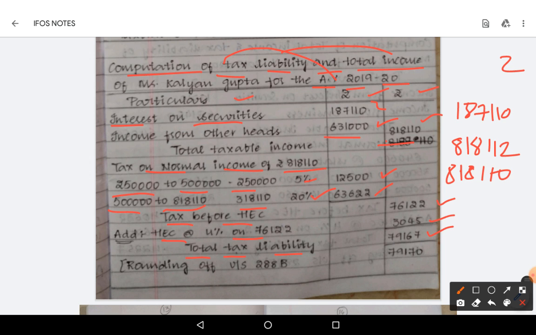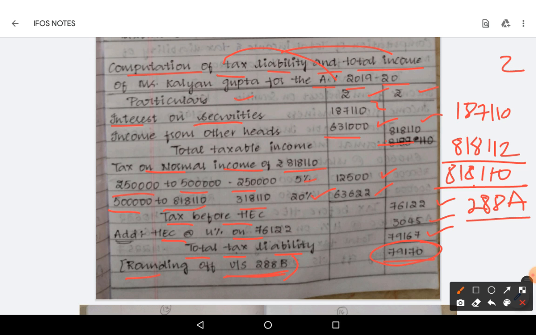If you round off under section 288B, total income is rounded off under section 288A, but tax liability is rounded off under section 288B, that is 79,170. Here ends the answer.